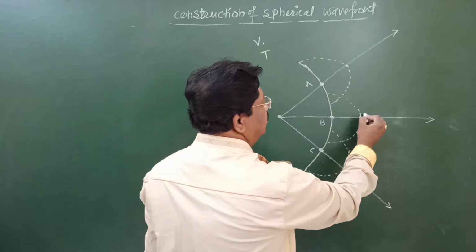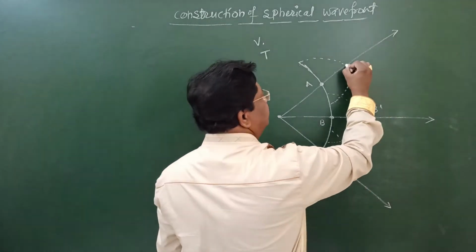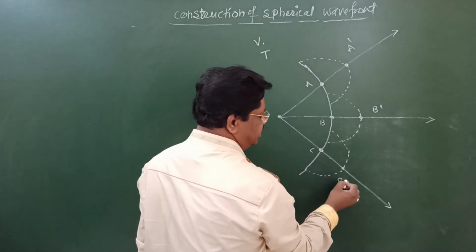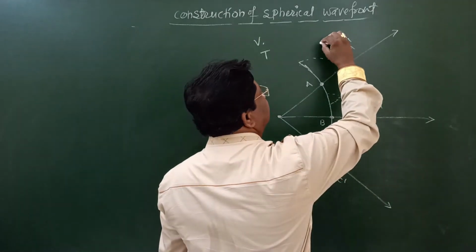This is the point B dash, this is the point A dash, and this is the point C dash, and this is the envelope.